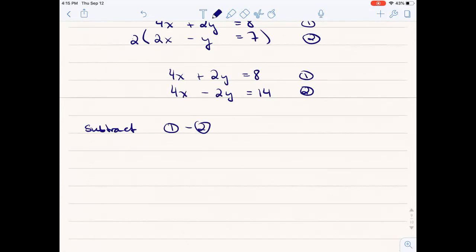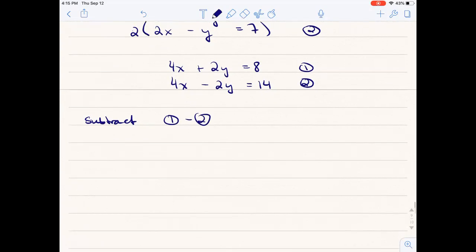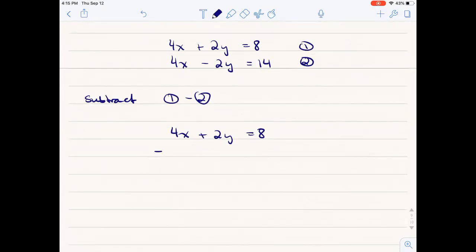We've got 4x plus 2y equals 8, minus, so this is minus now, 4x minus 2y equals 14. I'm stacking them as if I'm working with them algebraically, because I'm just going to deal with them like this.